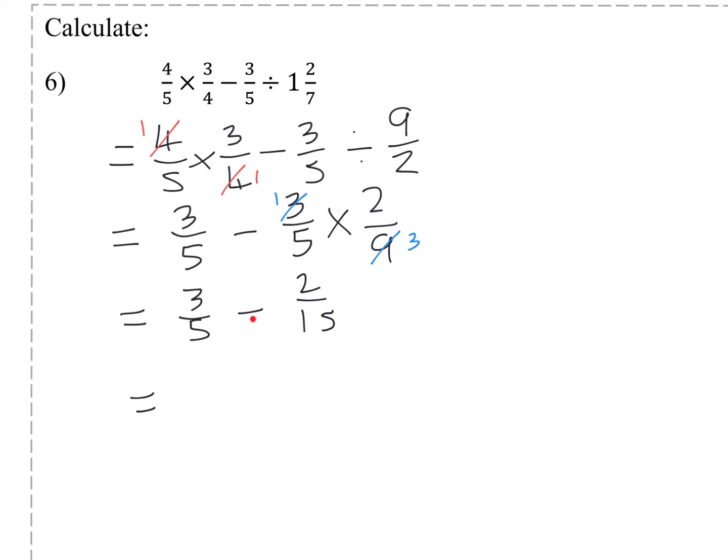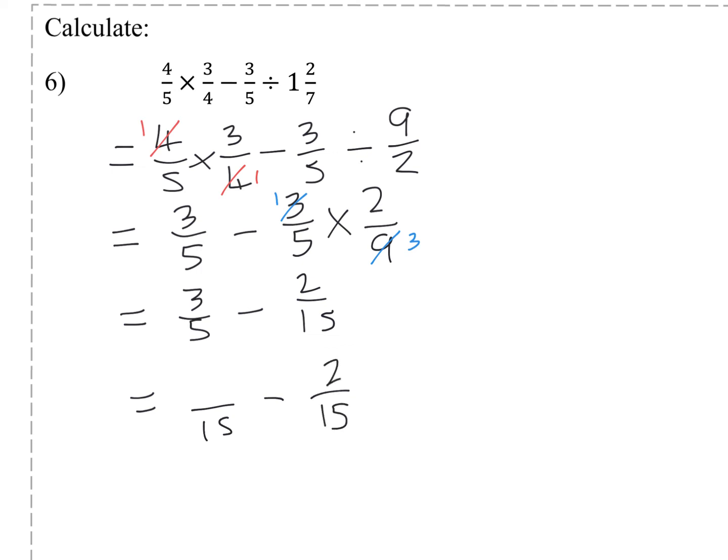We're now subtracting fractions. So to subtract fractions, you need to get a common denominator. Now multiplying denominators always gives you a common denominator, so 5 times 15, which is 75. But if you're looking for the lowest common multiple, you can see there that 5 divides into 15, and 15 divides into 15. So 15 is a nice denominator to use instead.